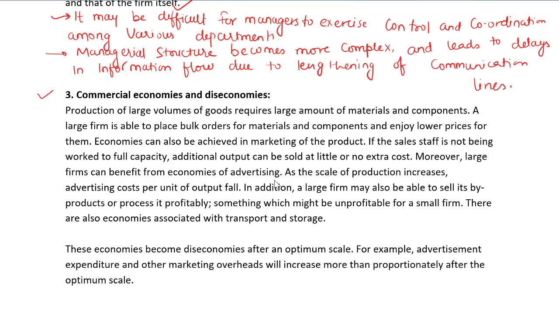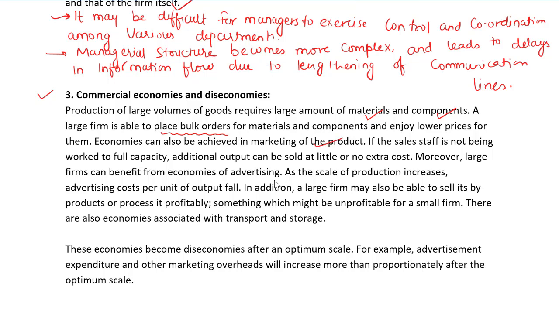Let us see over here. Production of large volume of goods requires a large amount of materials and components. A large firm is able to make bulk orders for material and components and enjoy lower prices for them. Economies can also be achieved in marketing of the product.